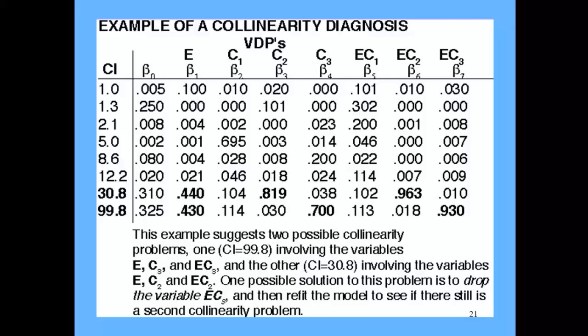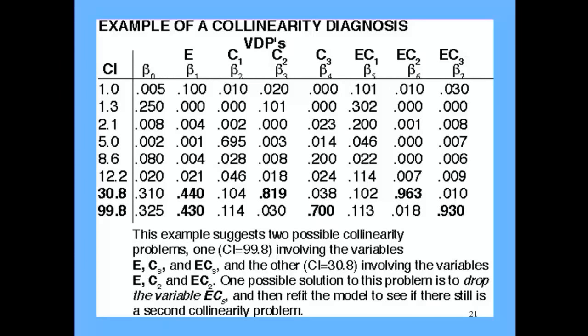If you got a VIF that was very high, that would mean r squared is probably close to 1, and that would suggest variables are strongly related to one another, which means you're getting a very unreliable model because the variance is blowing up.